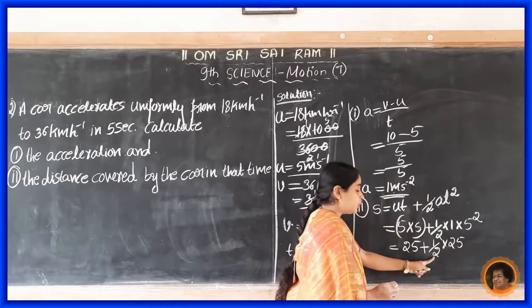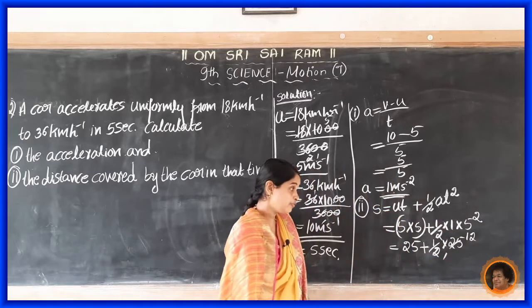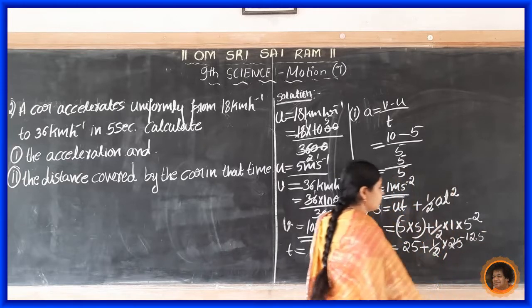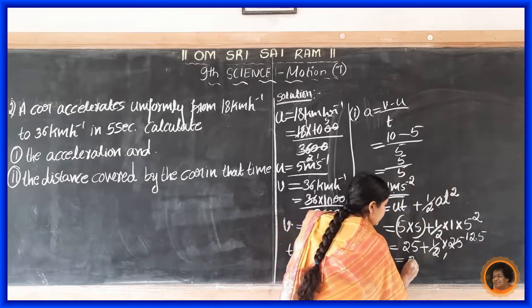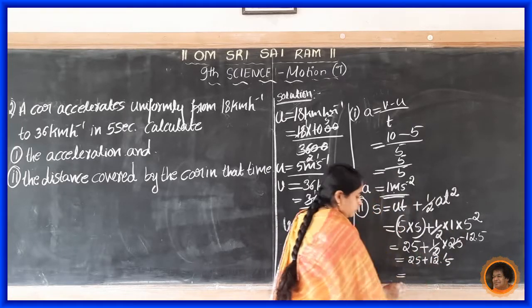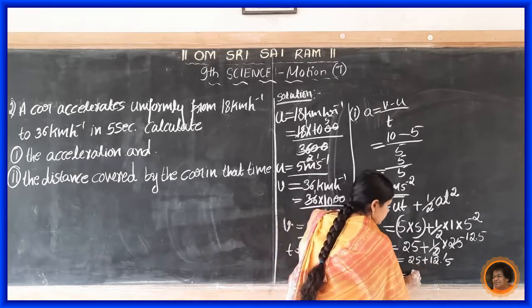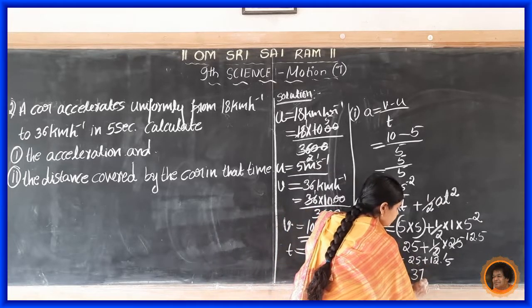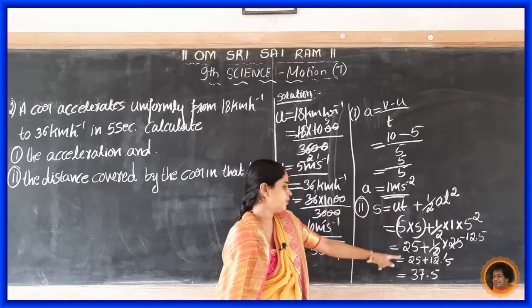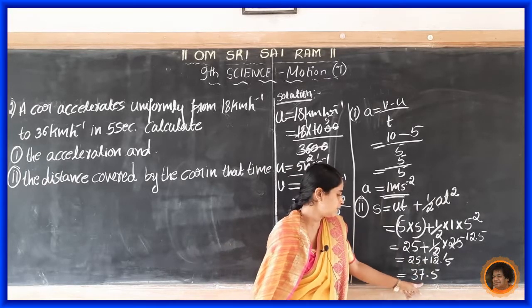25 divided by 2 equals 12.5. So 25 plus 12.5 equals 37.5. So the value is 37.5.